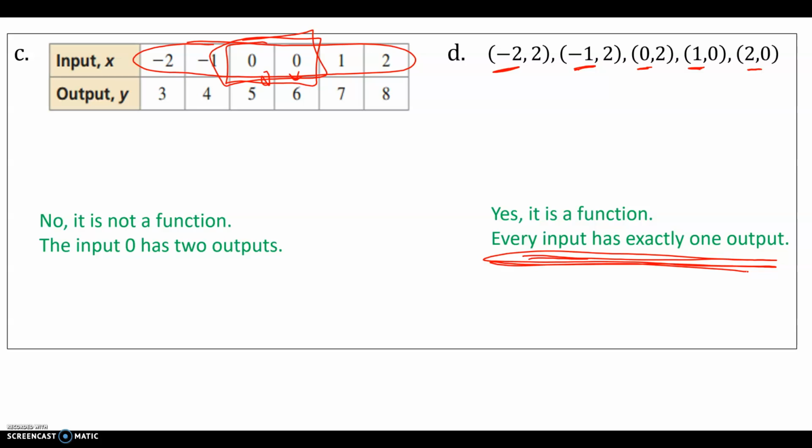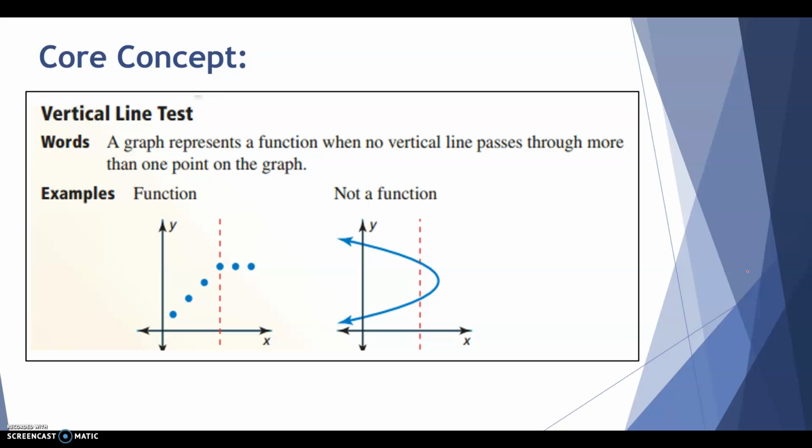All right, now one more concept of functions was that vertical line test that we talked about months ago. For a graph to be a function, it has to pass the vertical line test. So no vertical line can pass through more than one point. If you look at this red dotted line, that's okay because it only went through one point. But if you look at the second example, this dotted line goes through 2 points. So it cannot go through 2 points.